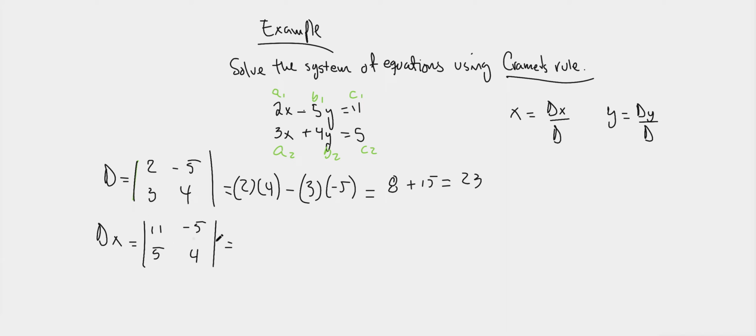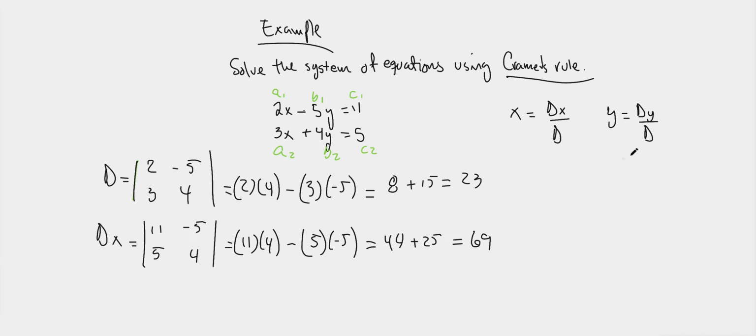What is that equal to? 11 times 4 minus 5 times negative 5. That gives me 44 plus 25, which is equal to 69.